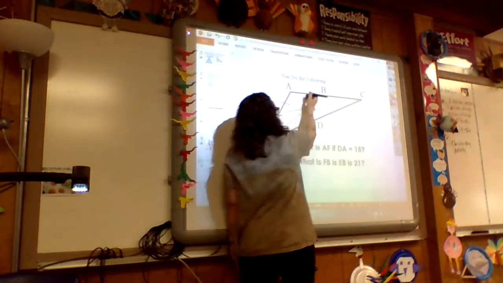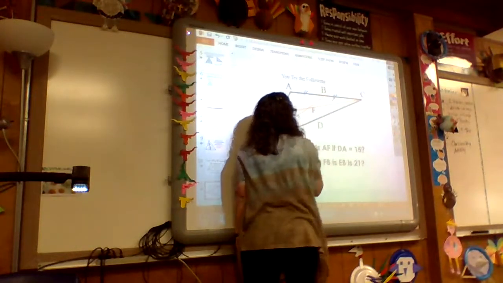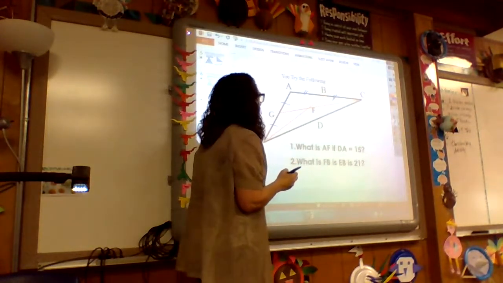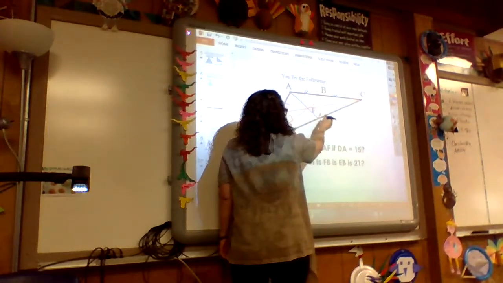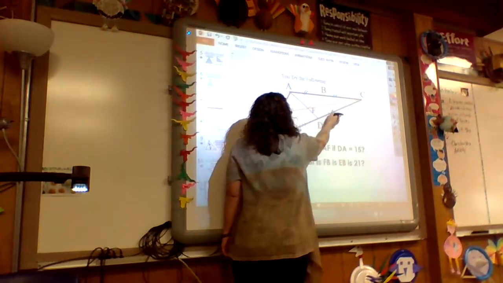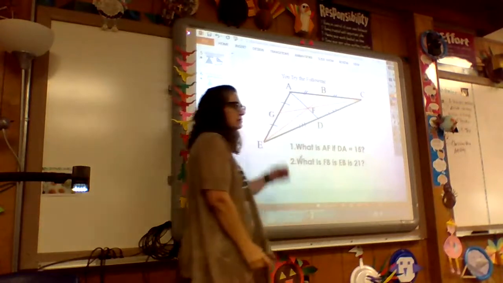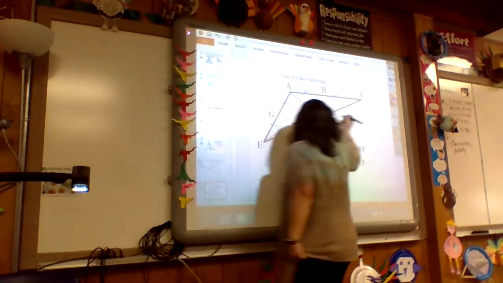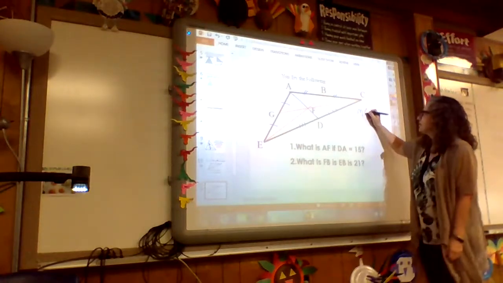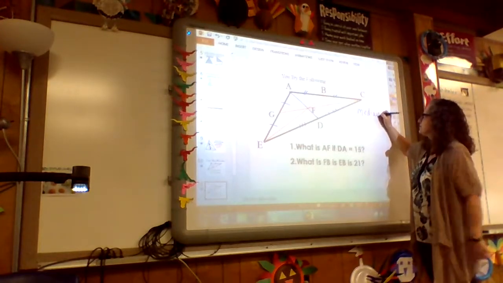As you draw in EB, add your tick marks, because this will show us that these are medians. And then we do want to go ahead and add AD and your tick marks.